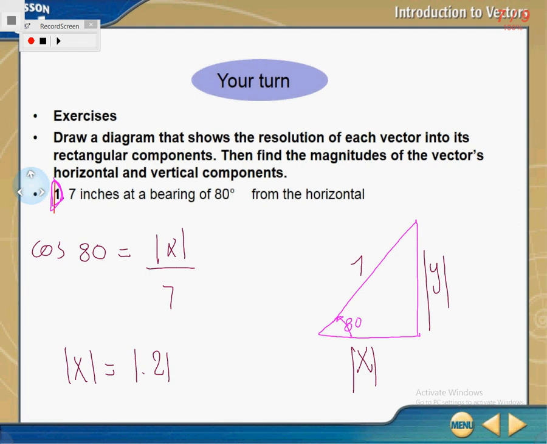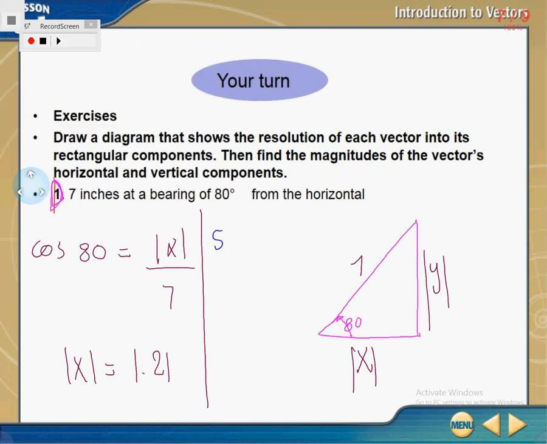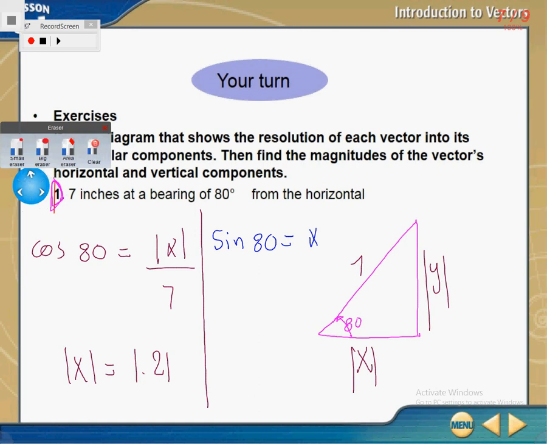Now for the second part, we need to find the magnitude of y, in another color. Do you see I am repeating myself because I really want you to understand. The magnitude of y, not x, right?